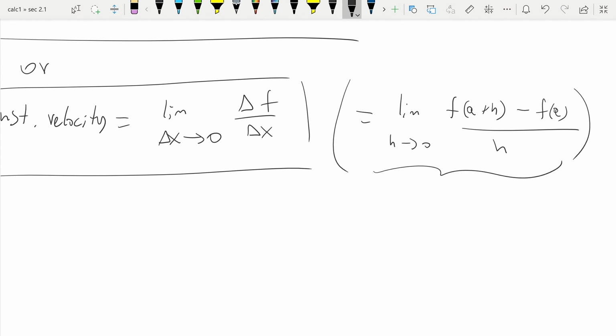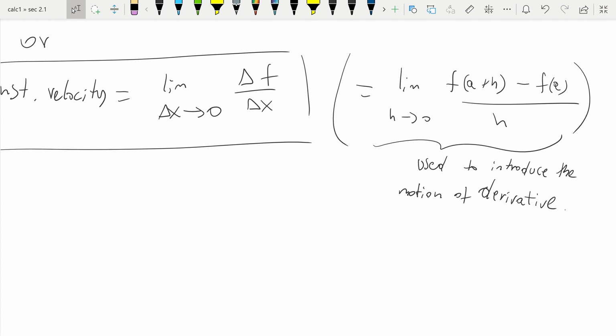And again, this should not be surprising, because the notion of derivative simply corresponds geometrically to the slope of the tangent line.